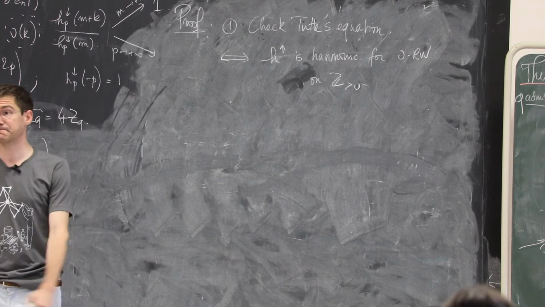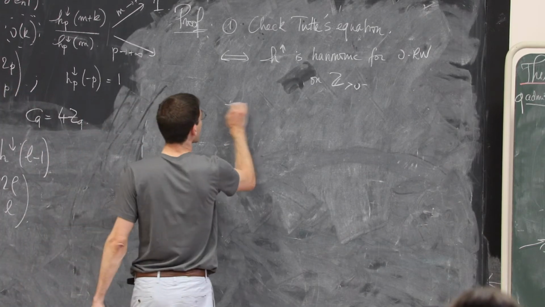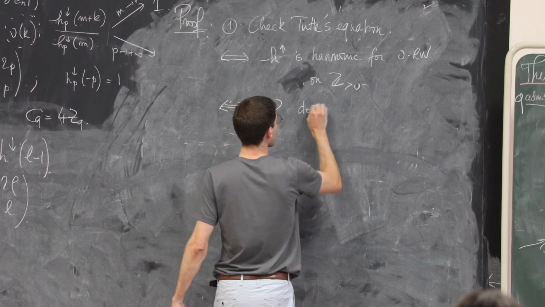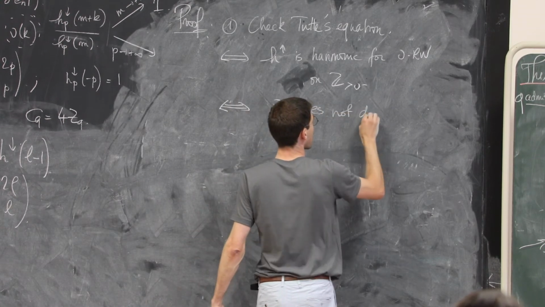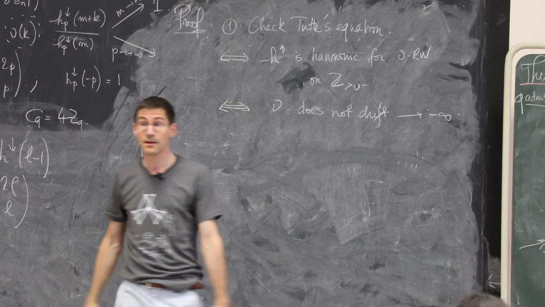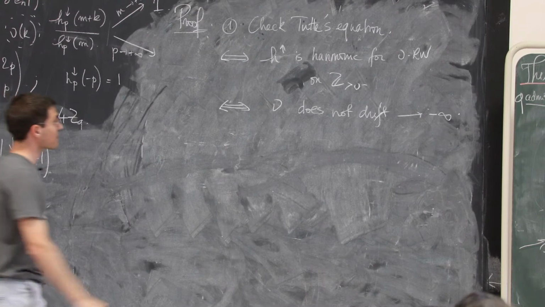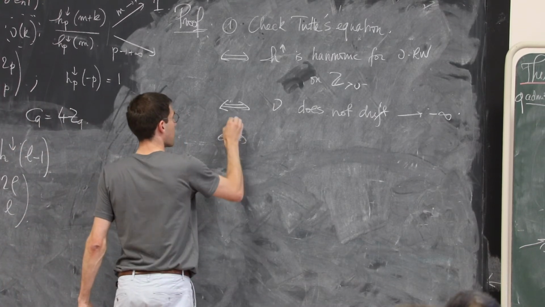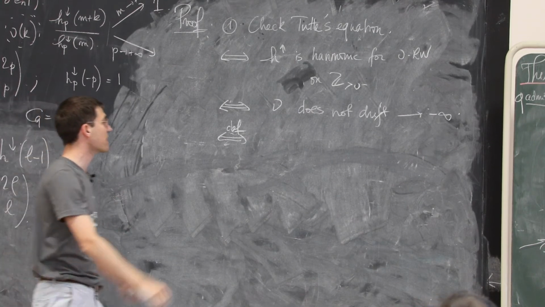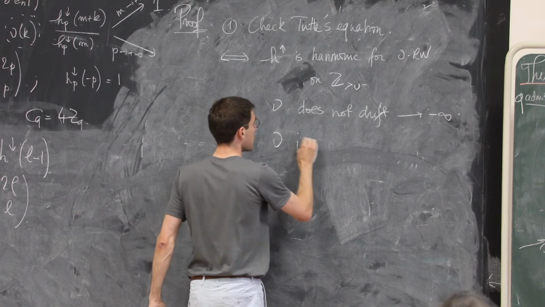Why should it be? This is equivalent to the fact that nu does not drift to minus infinity by yesterday's lecture. Okay? And this is the definition, and we'll see afterwards many equivalent definitions of this, but take this as a definition here. Nu is critical.